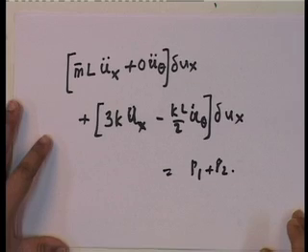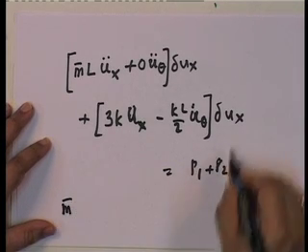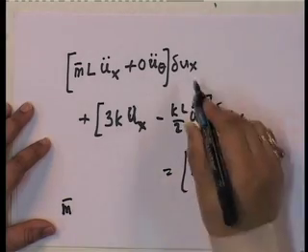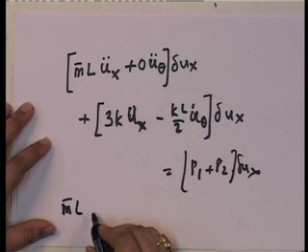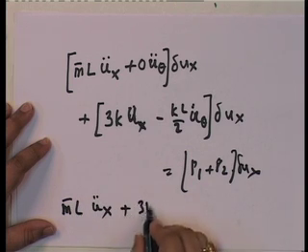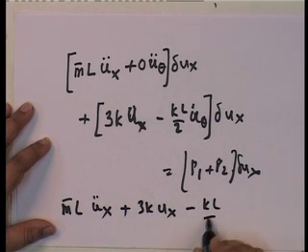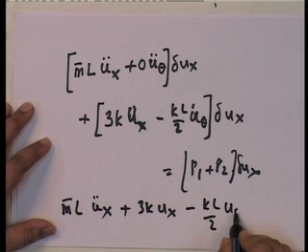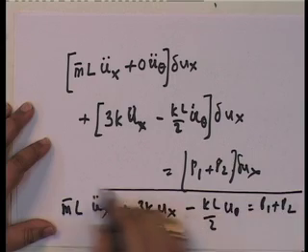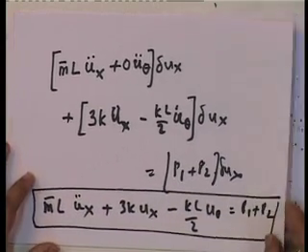So, in other words, finally, the equation becomes m bar and into del u x. Del u x is there everywhere. So, finally, we get this, the first equation that we get.